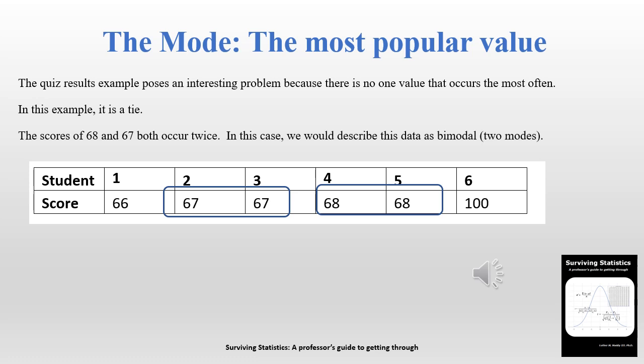Sometimes we run into situations where there is no one most popular value or one mode. If you're looking at the test results example that we've been using, you'll notice that there is no one value that occurs more often than the others. We have 2 values that both occur twice, 67 and 68. So in this case, we would say that this is a bimodal situation, or the data set has 2 modes.